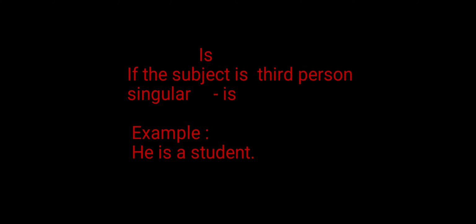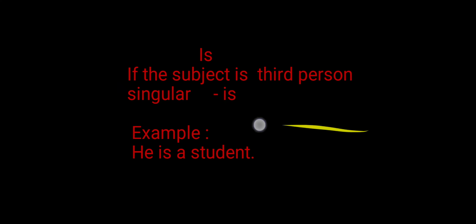Here he, you can see in the example, is singular, and to say something about this subject, is is used as a linker, and student is a predicate here. Between predicate and the subject, is is used as a linker. For that, the subject should be singular. That must be in third person.